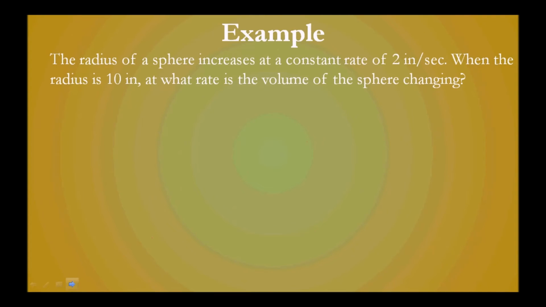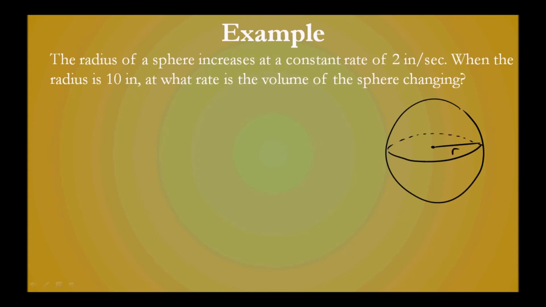The radius of a sphere increases at a constant rate of 2 inches per second. When the radius is 10 inches, at what rate is the volume of the sphere changing? Let's first draw a diagram. So we have our sphere.